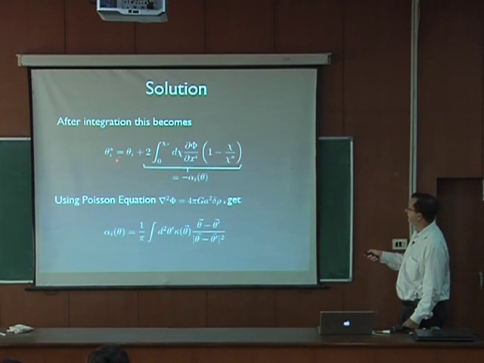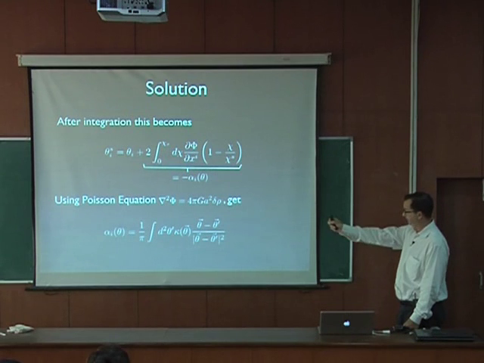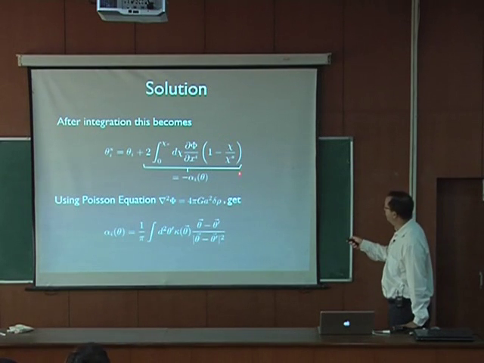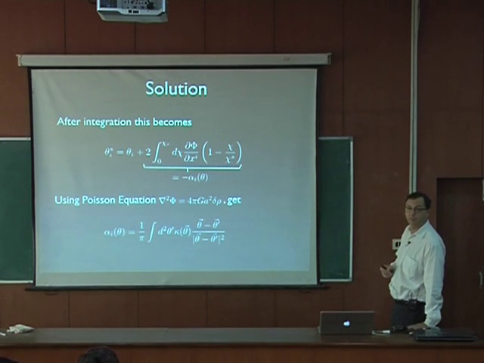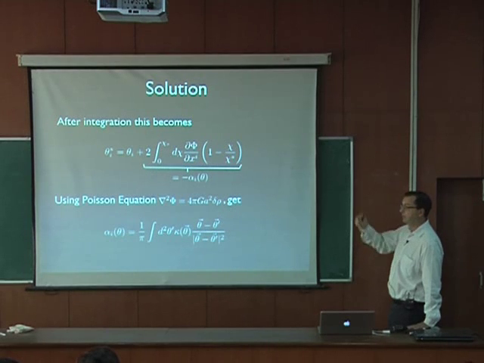What you find is that the position at the source is equal to the position of the photon if we didn't have lensing, plus a displacement term. This displacement term is an integral along the line of sight of the gradient of the potential times some geometrical factors. You notice these geometrical factors look like the ratios of distances that we had before, from the observer to the source, observer to the lens, and lens to the source. That's where these factors come from. You get this by integrating the equations before.